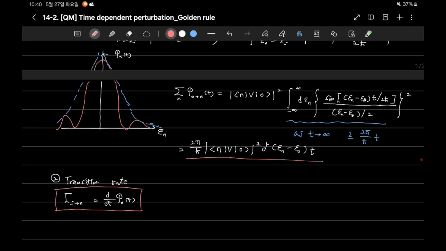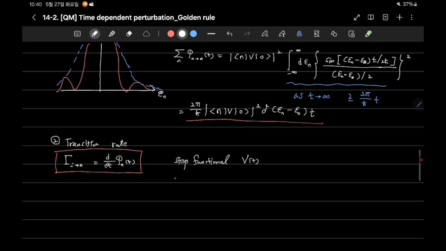From the above case, for example, with a step function potential V(t), this probability from i to n is 2 pi over h bar |n V i|^2, and because of the time derivative, it makes the Kronecker delta of epsilon n minus epsilon 0.